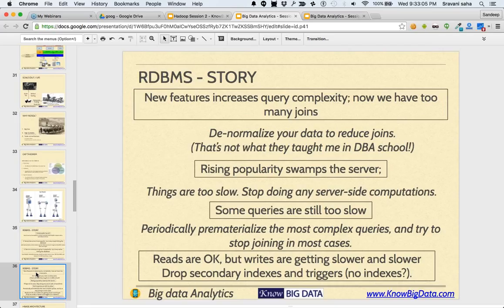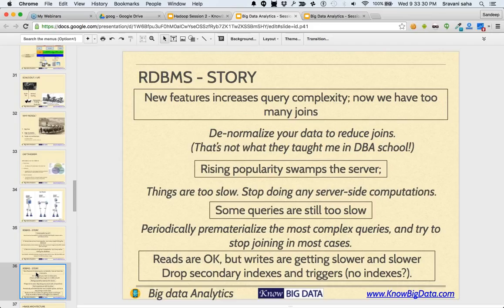Now, the moment a DBA hears this, he will have a really irritating time, because that's not what he was told in DBA school. The first thing we were told while learning databases is normalize, right? And apply the Codd theorem.